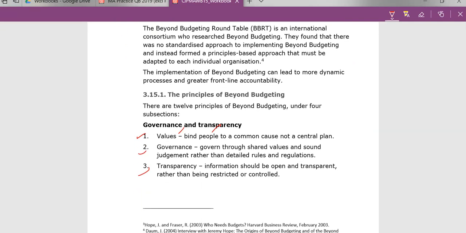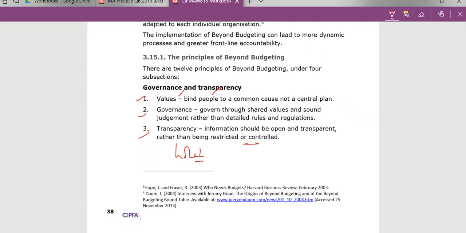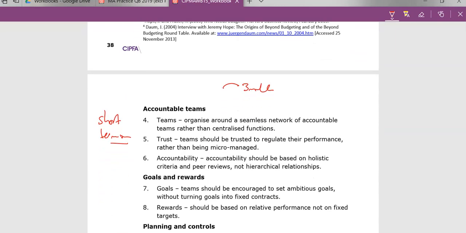Look at the big picture. Take that holistic, big picture approach to making decisions. It's about teams, trust, accountability. Teams should be trusted to regulate their performance rather than micromanaged. Holistic criteria, peer reviews, not hierarchical, relationships, goals, rewards on relative performance, not on fixed targets.